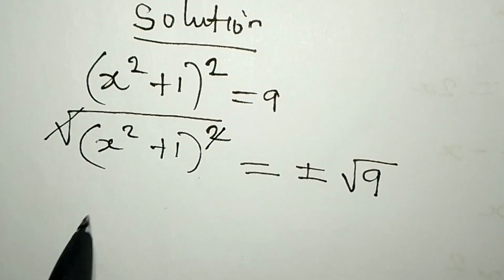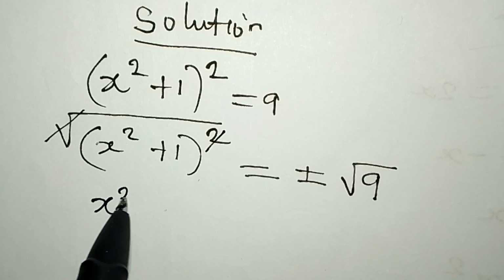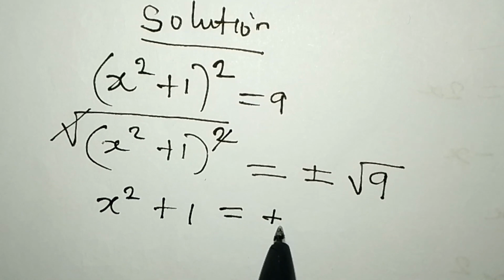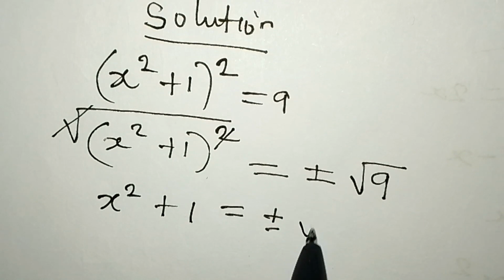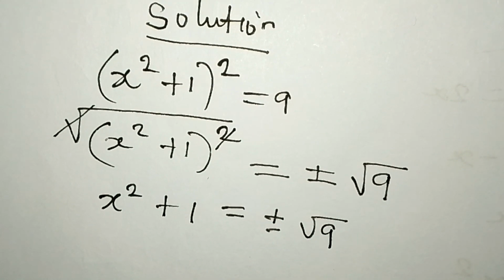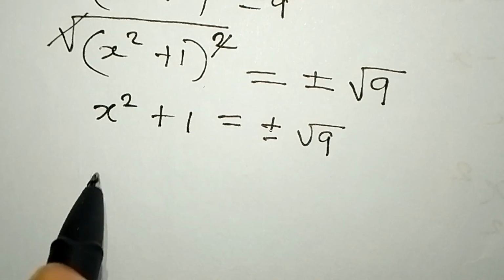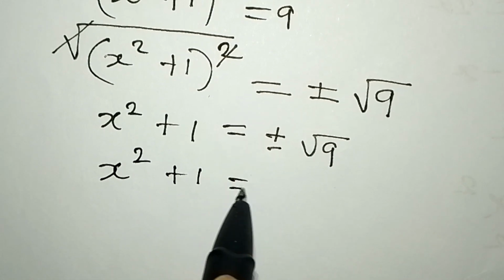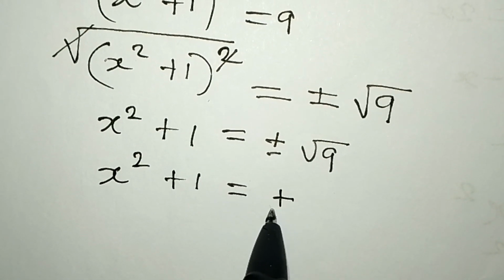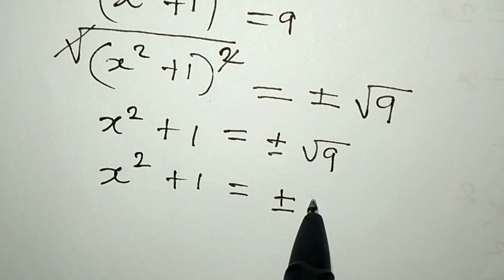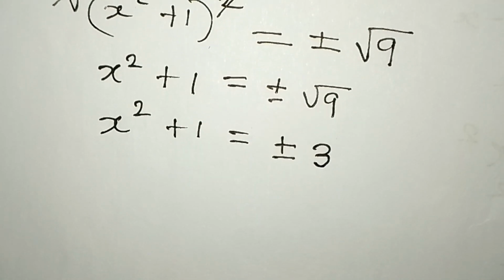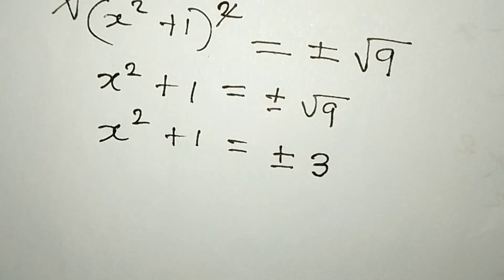But then the square root can cancel the square, so that x² + 1 is equal to plus or minus square root of 9. Then to take a step further, we will be having x² + 1 equal to plus or minus 3, because the square root of 9 is 3.